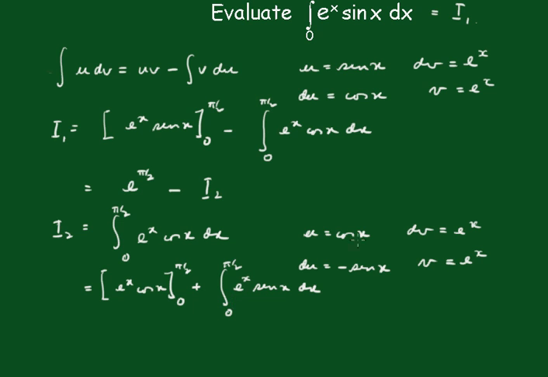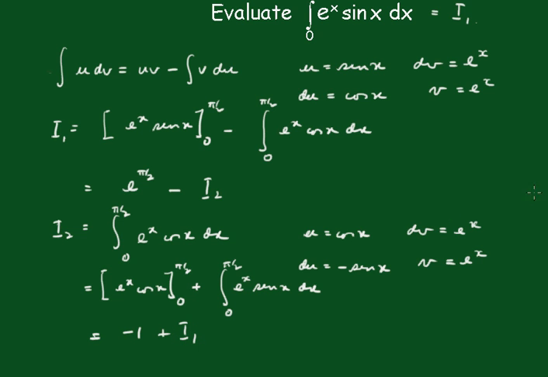Don't worry about that. It's a way of dealing with it. Now remember, I'm going to call that I1, so I'll call that I1 in there. First we'll work this out. Now that's e to the pi upon 2, but the cos of pi upon 2 is 0, so that's 0. So it's 0 minus e to the 0 is 1, so it's minus 1 plus I1.